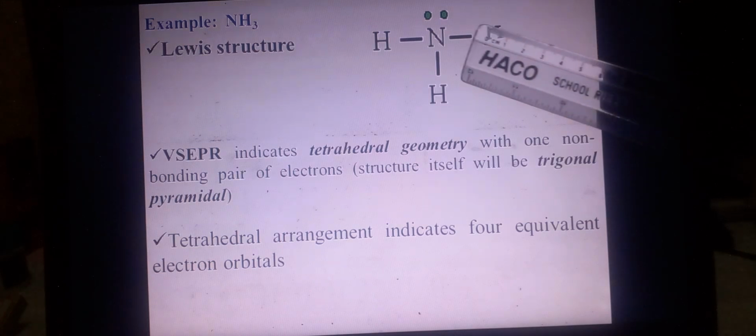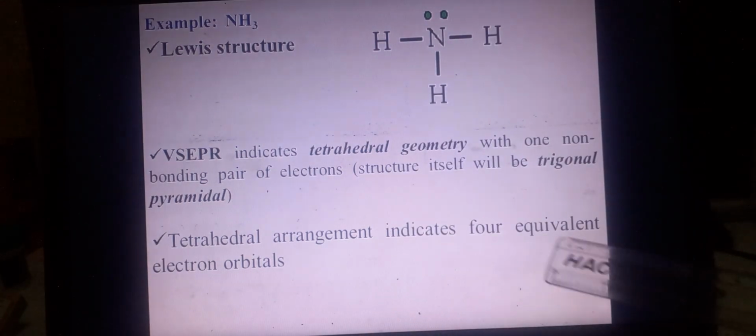But if we use the real geometry of the structure, it is called trigonal pyramidal. So the tetrahedral arrangement indicates 4 equivalent electron orbitals. That one is just showing how hybridization takes place in ammonia.